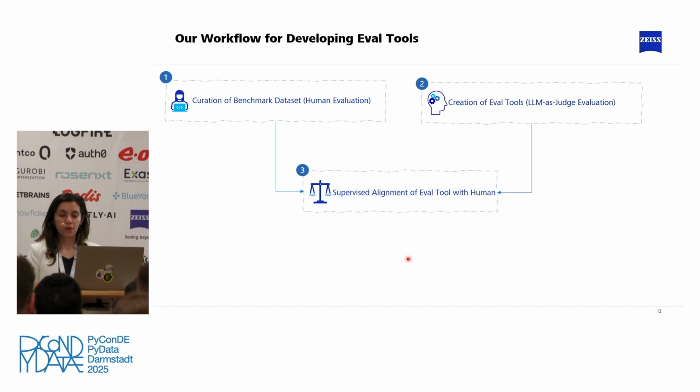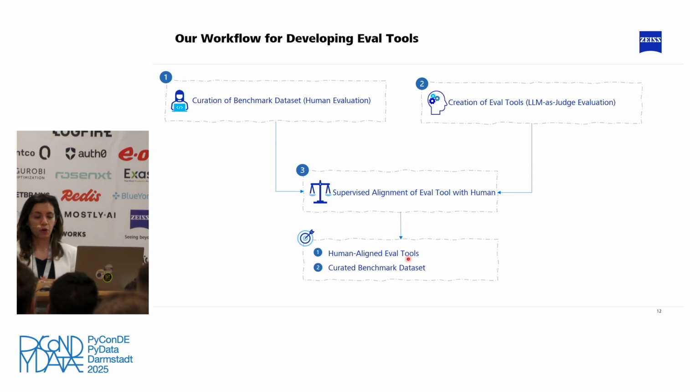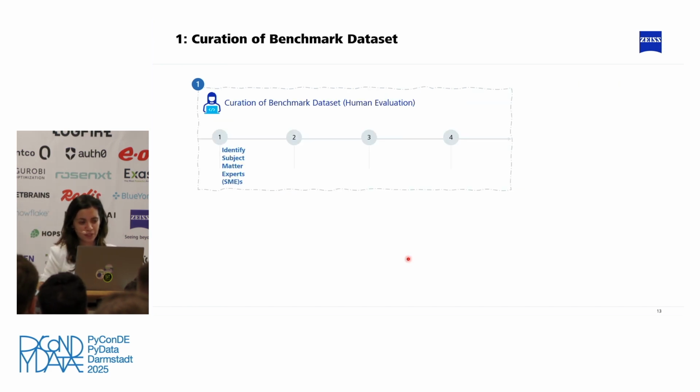And that's the supervised alignment of the eval tool with the human evaluations. This step is, for me, the most important, and as I said, it's normally overlooked. Once we do that, we have the two components that were necessary for our evaluations. Now, I would go a little bit deeper into each of these steps, share some tips with you, and walk you through our workflow.